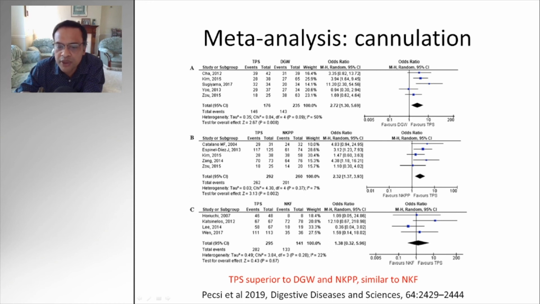The third graph compares transpancreatic sphincterotomy with needle knife fistulotomy, and the 2 procedures were similar. So the overall message from this meta-analysis is transpancreatic sphincterotomy is superior to double guidewire technique and needle knife precut papillotomy, and is similar to needle knife fistulotomy in terms of cannulation success.